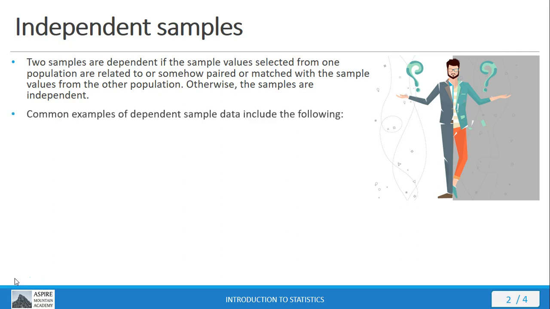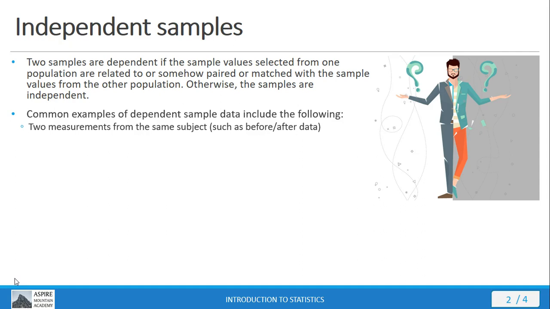Some common examples of dependent sample data are measurements from the same subject, so before and after data. The connection between the two populations is that you're taking data from the same person. In the before data set, you've got a data point that's unique to one individual, and then in the after data set, you've got a data point that's unique to the same individual.